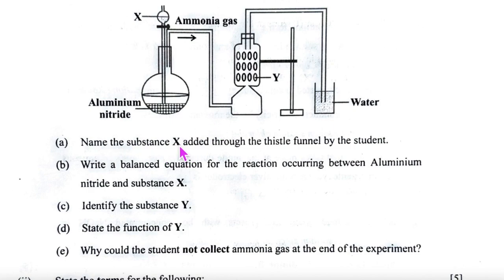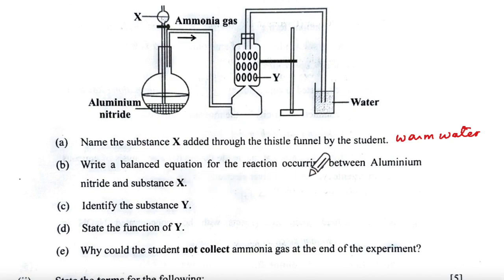Name the substance X which is added from the funnel. For this, we will write it will be warm water, because this is hydrolysis of aluminium nitride.